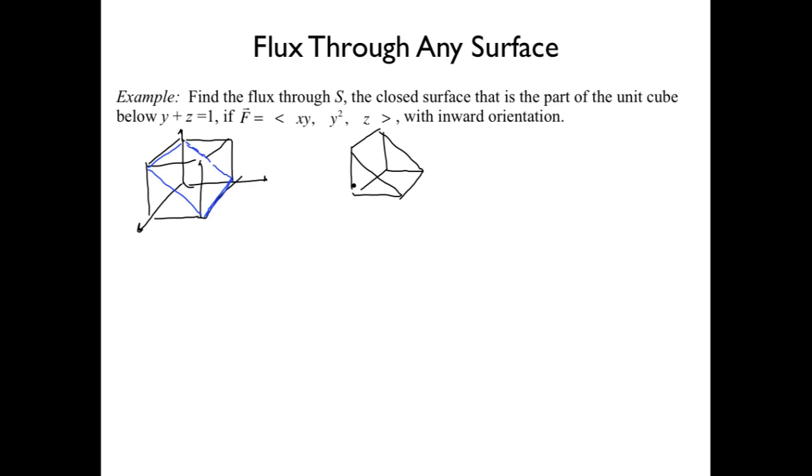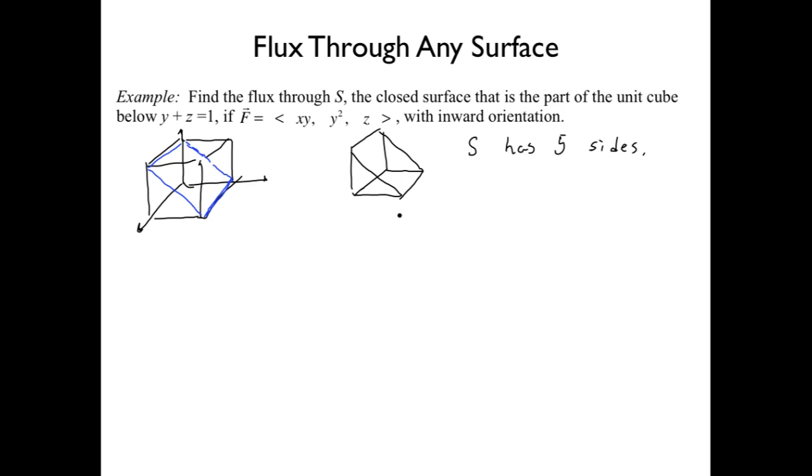That whole thing is S. So S has 1, 2, 3, 4, 5 sides, right? So we need to do the surface integral for each of those sides. And then we get the flux for each of the sides with inward orientation, and then we add them all together to get the flux through the whole surface. Does that make sense?